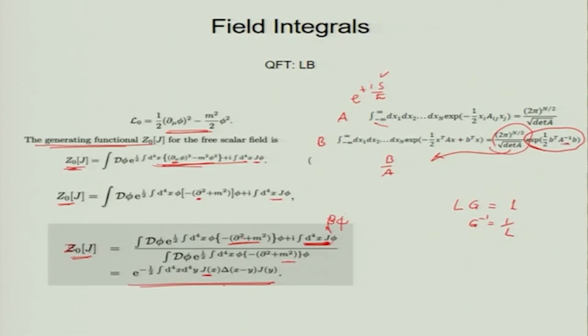This A inverse is coming here, which is nothing but the Green's function, the Feynman propagator, which I derived in the last class. This is a Feynman propagator. So you see that the underlying math is very similar, and it is all in here.